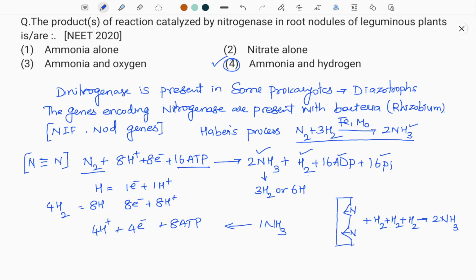And sometimes they may ask about the ratio of the number of protons, electrons and ATP. That ratio will be 1:1:2. This is the ratio required for fixation of 2 molecules of biological nitrogen fixation.